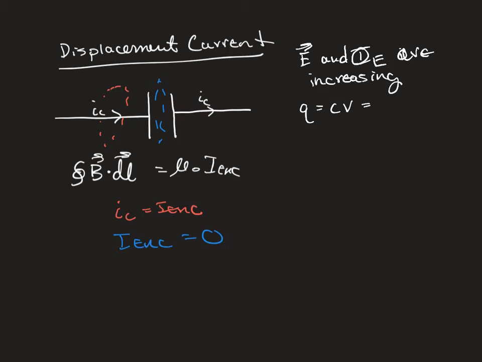And I drew a parallel plate capacitor, so we're going to talk about the electric constant times the area of the plate divided by the distance between the plates, and for the voltage we're going to plug in the electric field times the distance between the plates. Making use of the formula, the potential is equal to the integral of E dot dl.